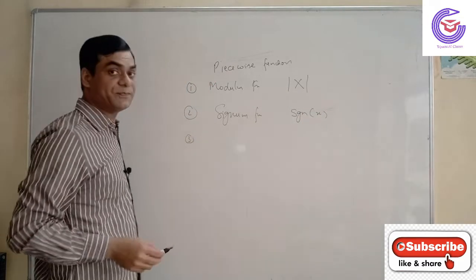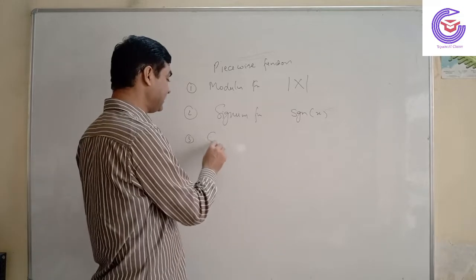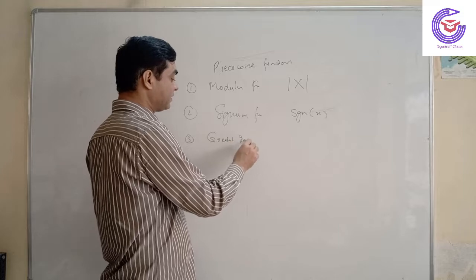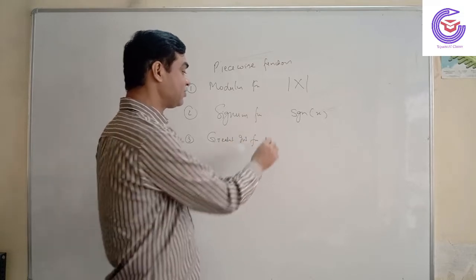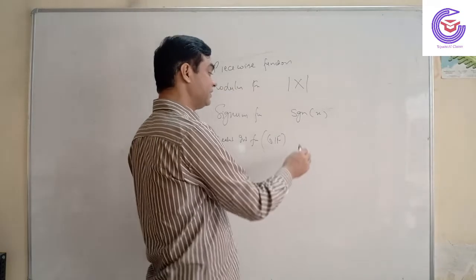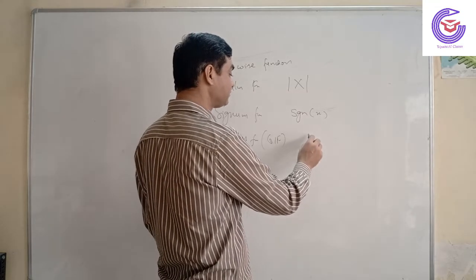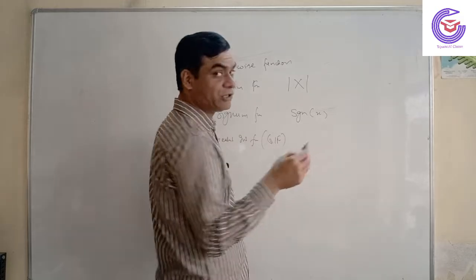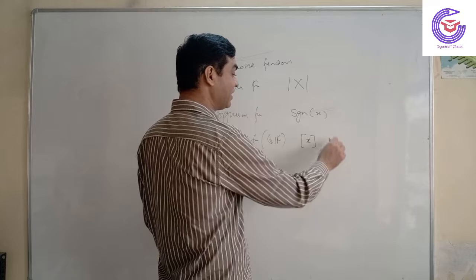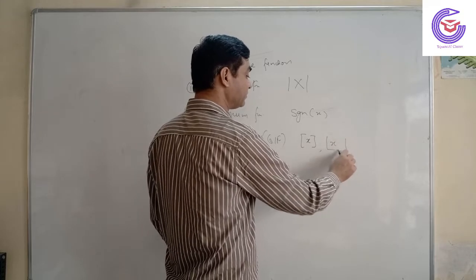Then you have greatest integer function, that is called GIF as well, and there are two ways to denote this: put a big bracket, or this way.